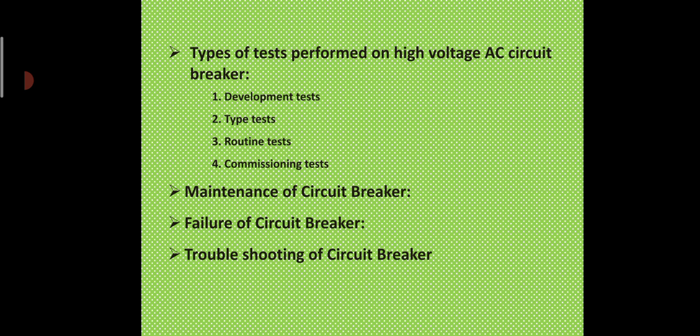Now, types of test performed on high voltage AC circuit breaker: development test, type test, routine test, and commissioning test. And maintenance of circuit breaker, failure of circuit breaker, and troubleshooting of circuit breaker.